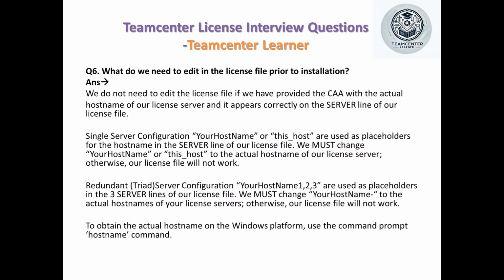If we are using a redundant triad server configuration, your_host_name_1, 2, 3 are used as placeholders in the three server lines of our license file. In these we have to provide our server names, and we must change your_host_name to the actual host name of our license server, otherwise our license file will not work. To obtain the host name on the Windows platform, we can use the command hostname.